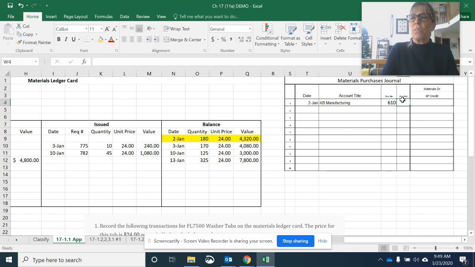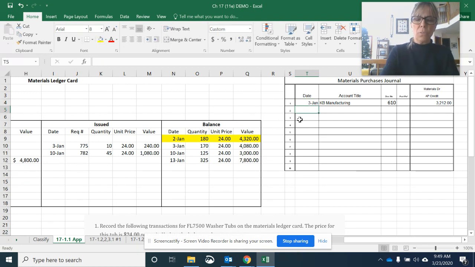And the posting reference would be KB Manufacturing, but we don't have that information, so we're not going to do that right now. So we're going to put in just the amount, $3,212 that we owe KB Manufacturing for the materials that we received. And this is January 3rd.